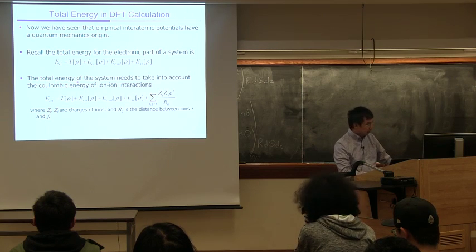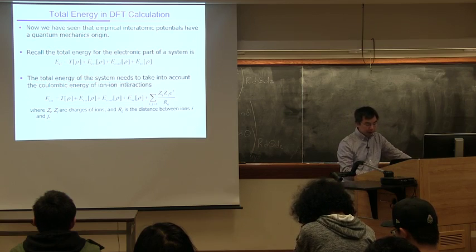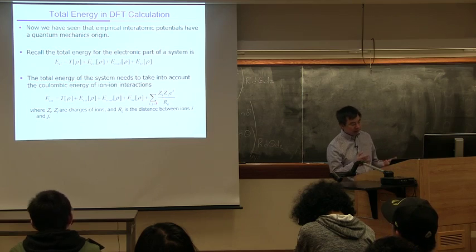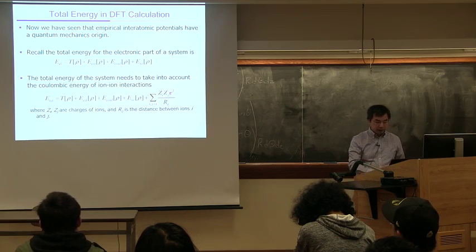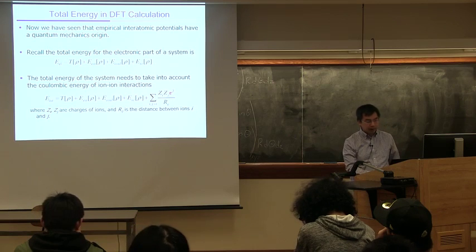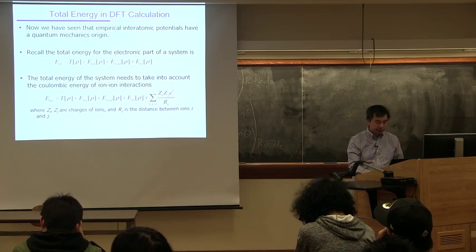Because in the single point energy calculation, the ion-ion interaction is also there. So we just simply add a term, the last term, where we represent ions i and j with atomic numbers Zi and Zj, right? So this energy is added, and we need to sum up the pair interactions, right? Okay, so with the four terms for the electrons, this is the total potential energy for our atomic system.